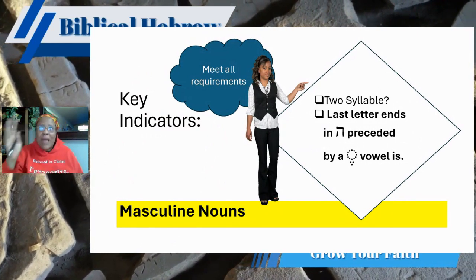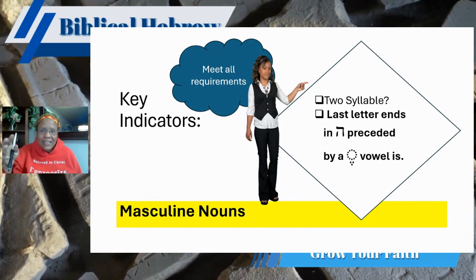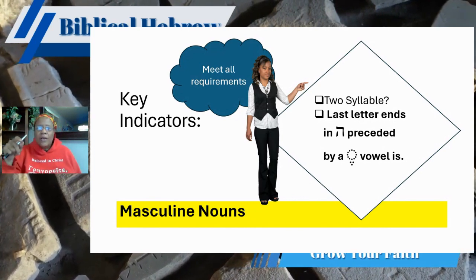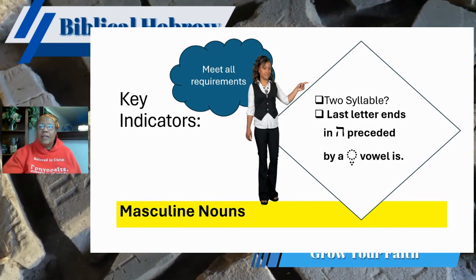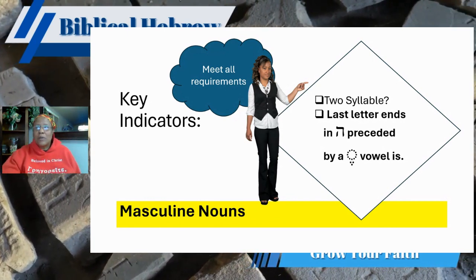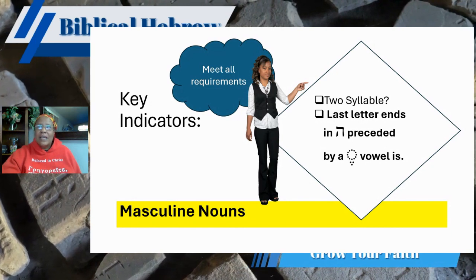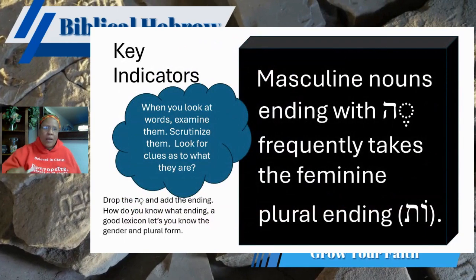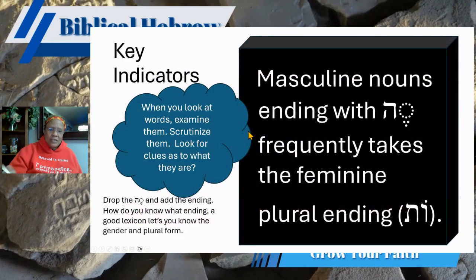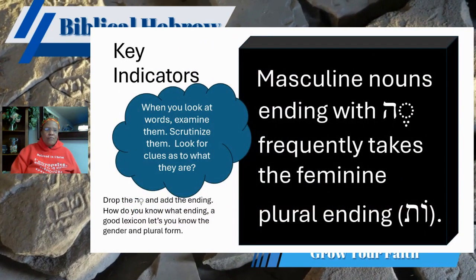So know that these are masculine endings that have the segol hey ending. Okay, so two-syllable, last letter ends in a hey that's preceded by a segol.